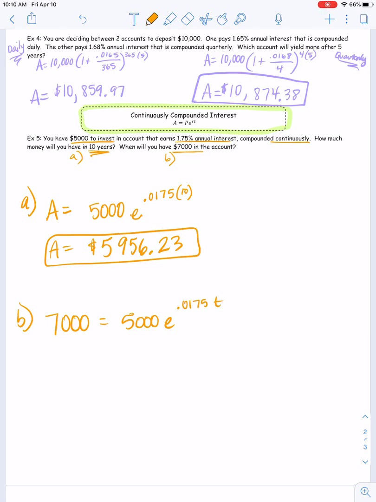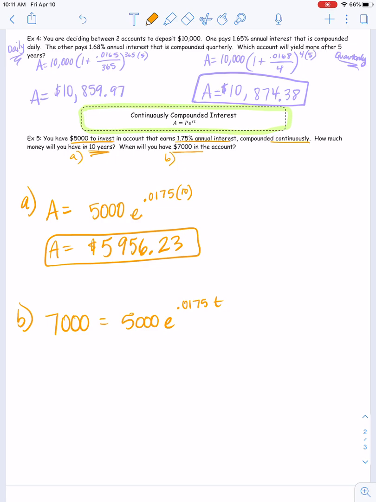This time we don't know how long it's been sitting there to get the $7,000. By using common sense, we know that our t value should be more than 10 because in 10 years we only got a final amount of $5,956.23. Now we're looking at a final amount of $7,000, so that's more, so it's going to be longer than 10 years.